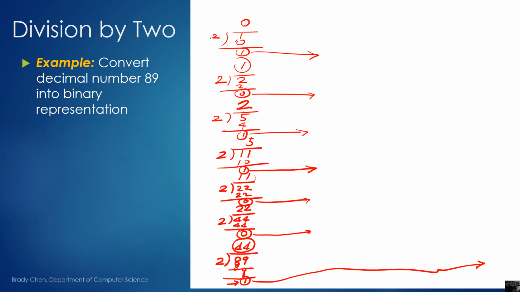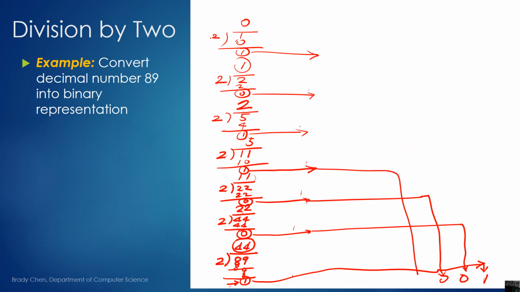So now we repeat this process, and we got a total of 1, 2, 3, 4, 5, 6, 7 remainders. Now, based on step 3, we're going to put the first remainder on the right. And then the second remainder, to its left, it's 0. Third remainder, 0.